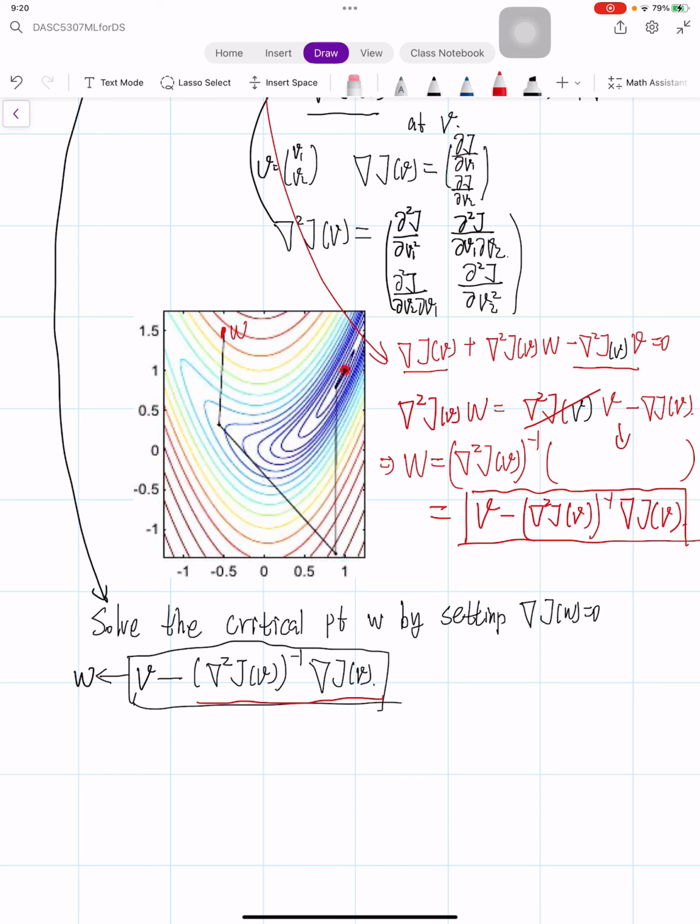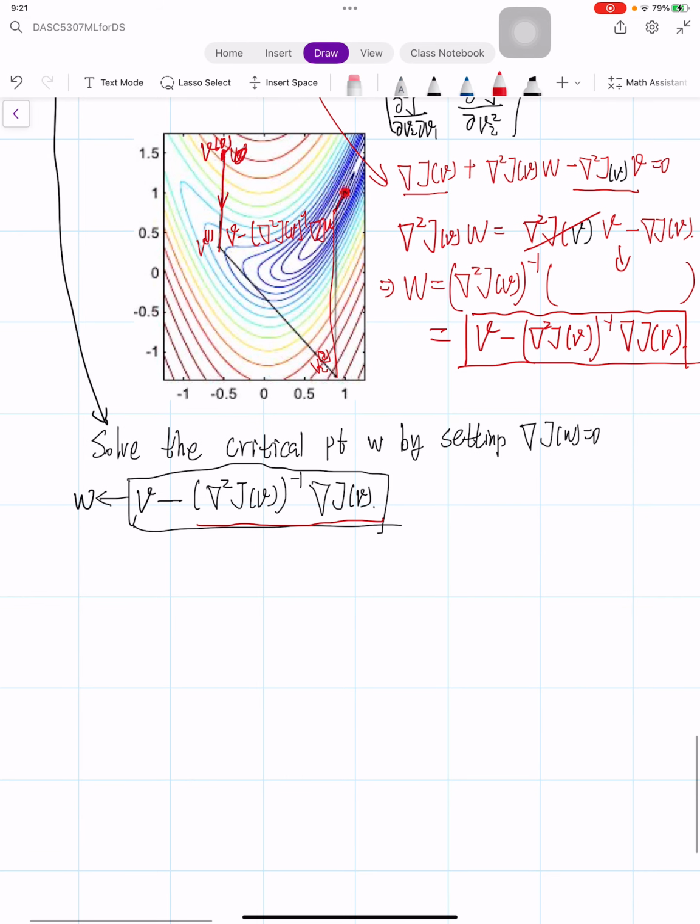Okay, and by following this direction, this is V minus G V inverse times G V. Okay, you get a new point. So we can say V0, V1, and then we solve V2, and V3, V4, until it finds the minimum. So that's called Newton's method.